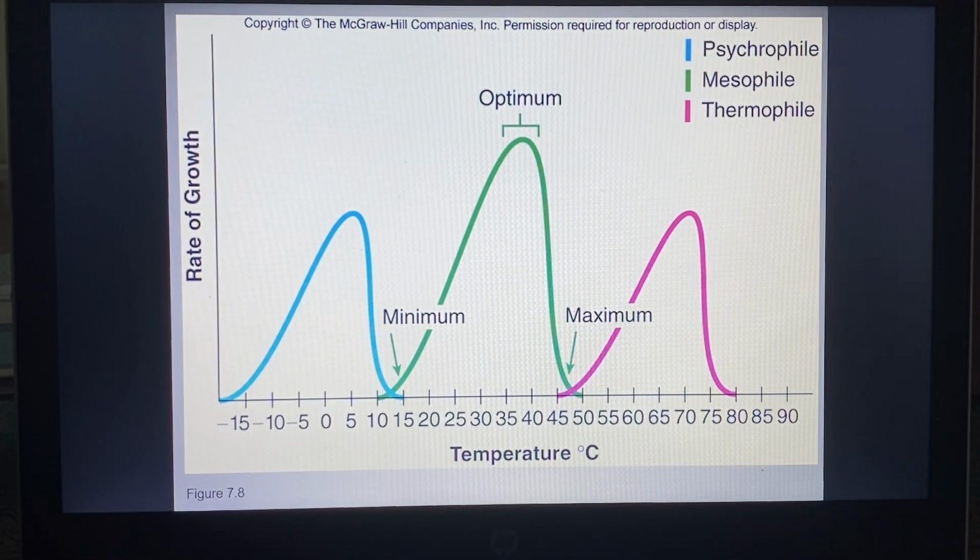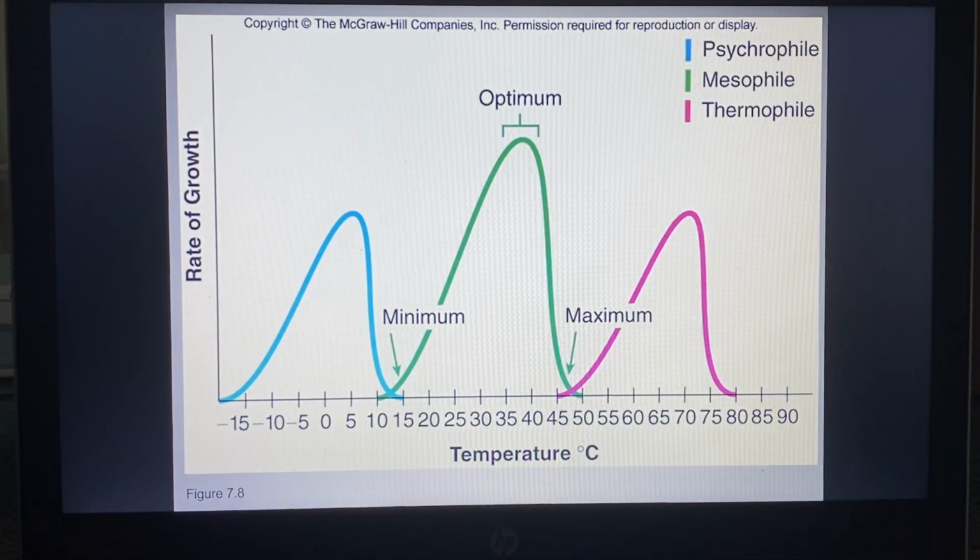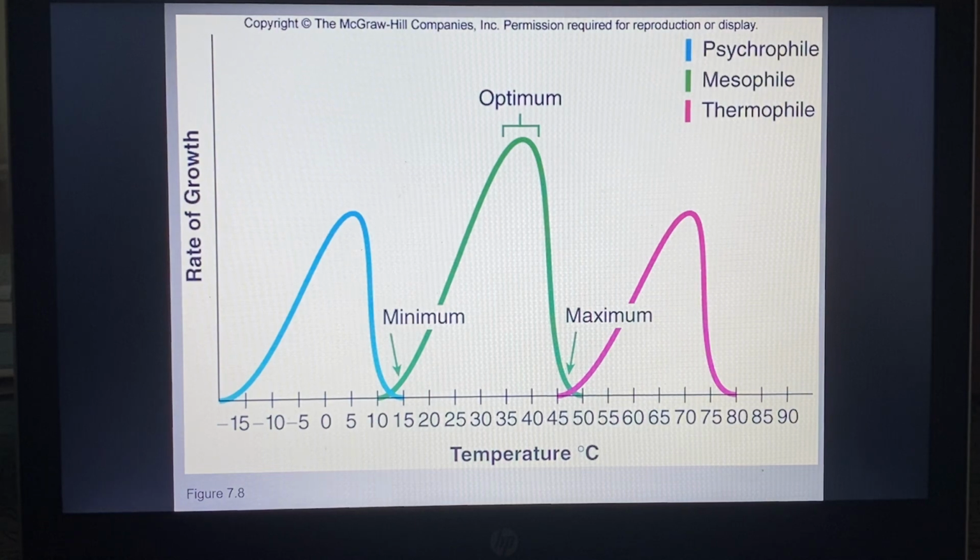So that's the minimum temperature. The maximum temperature, if you get above 45 degrees Celsius, which quite honestly, the patient would be dead by then. So you really don't have to worry about the organism growing. It's also going to be able to grow a teeny tiny little bit, but not very much.